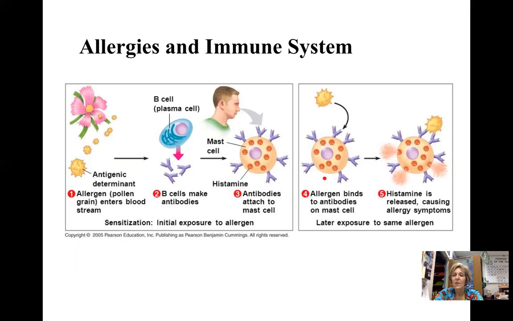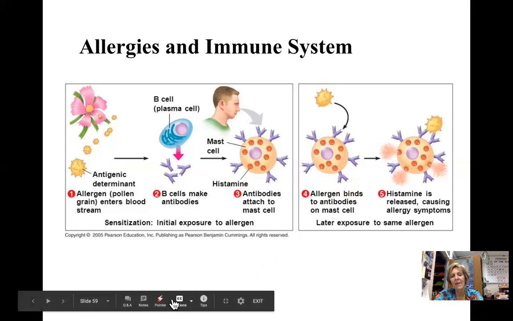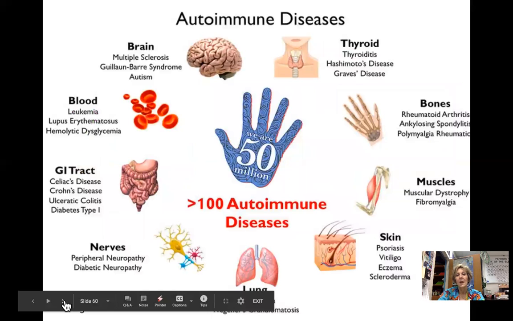So that is why our immune system is at fault in an allergy, because we have things that are not supposed to be pathogens triggering the release of chemical fighters that are supposed to be reserved for pathogens.